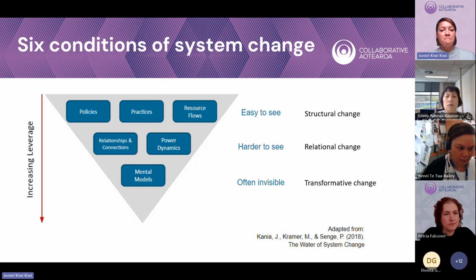So transformative change, if that's what we're really truly after, then we need to actually start down here and be asking those questions. And also we need to be moving in between the next layer up, always evaluating the power dynamics and seeing where they can or can't move, what can shift, what can't.